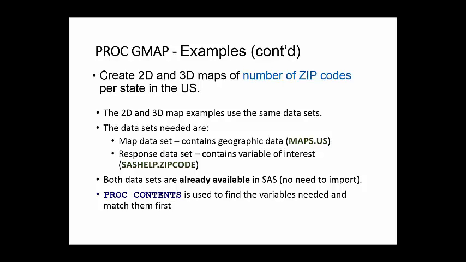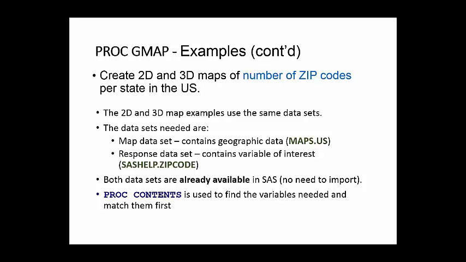Maps.us contains the geographic information of the U.S. on state level, and sashelp.zipcode contains the list of all zip codes in the U.S. with the state information for each of them. Both of the datasets are already available in SAS, so we do not need to import anything for this map.